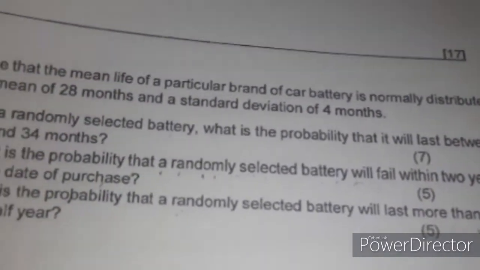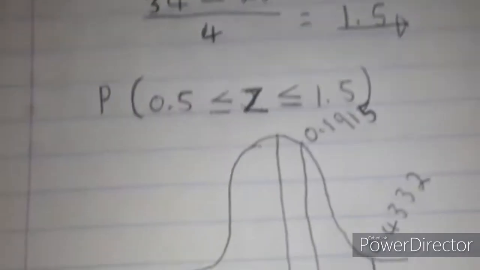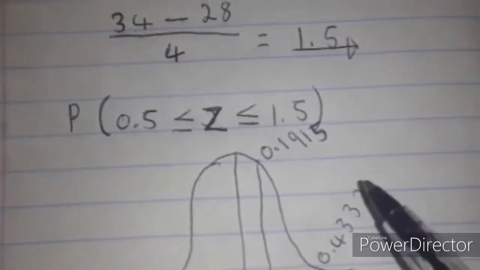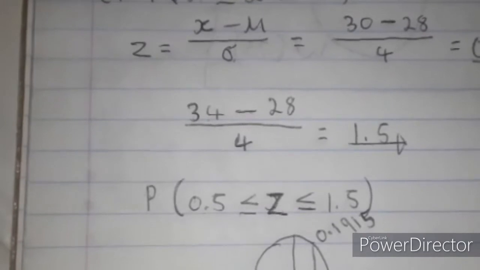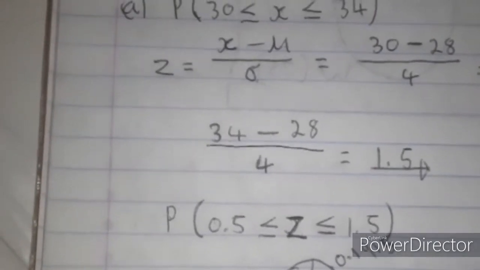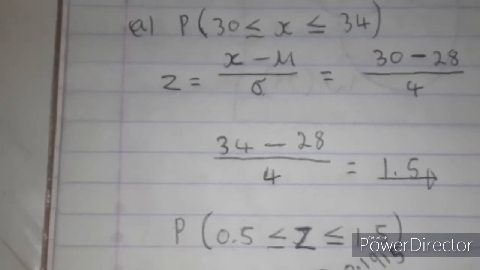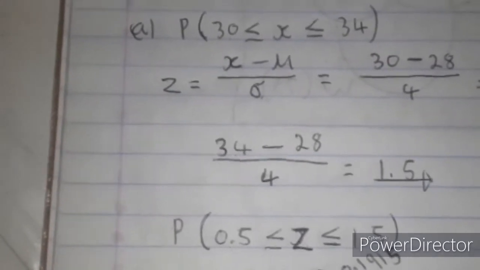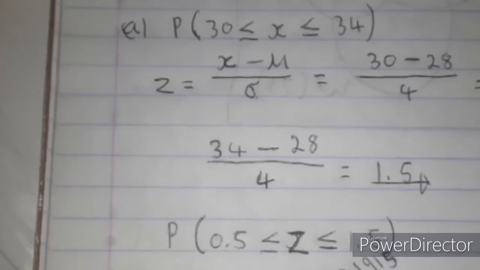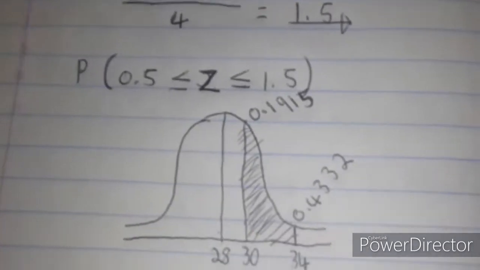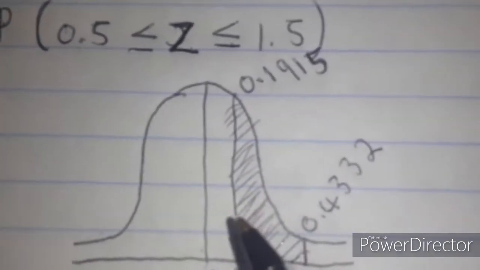What is the probability that it will last between 30 and 34 months? So between 30 and 34 months, there's the area between 30 and 34. So you are going to shade between 30 and 34.